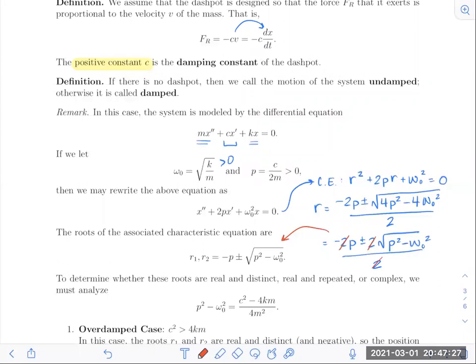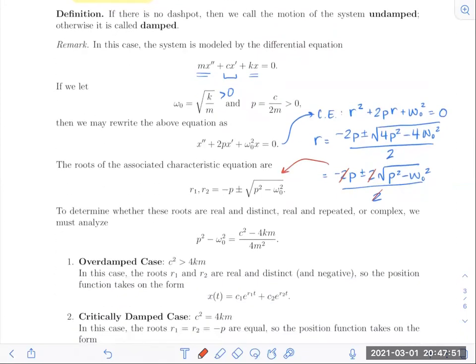So the real question is, how do we classify these roots? Are they real and distinct? Are they real and repeated? Or are they complex conjugate pairs? Quite frankly, we don't know right now because it totally depends on the values of p and omega.